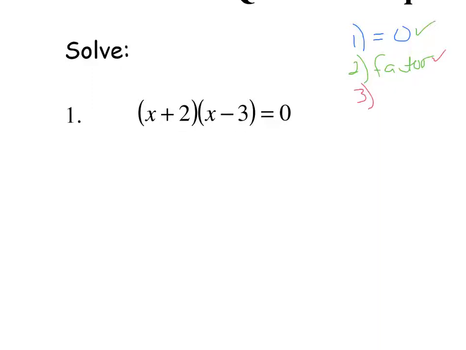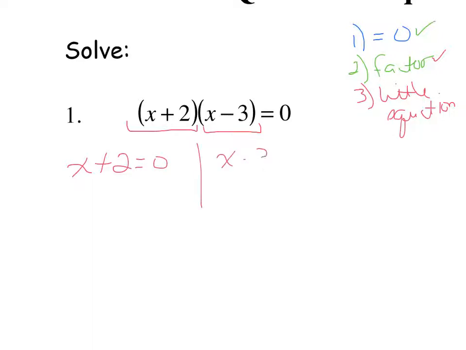The third step is the little equations, when we take our factors and make them equal to 0. So if this times this equals 0, then it follows that x + 2 must equal 0, and x − 3 could equal 0. And we solve, that's the fourth step, solve those little equations that you just made.